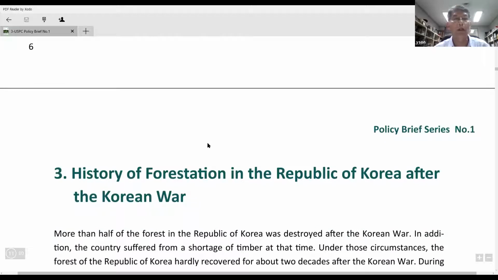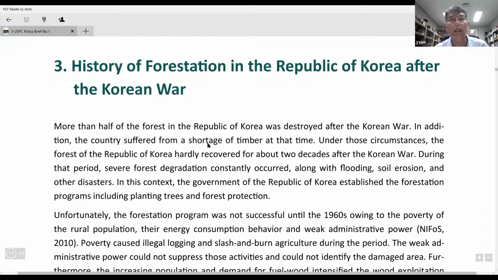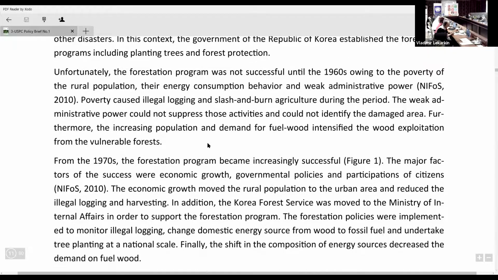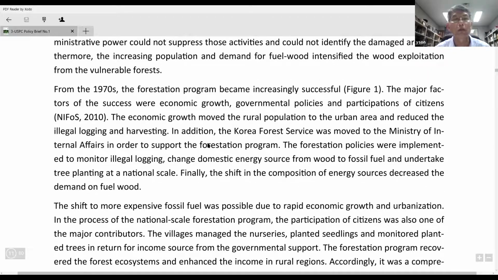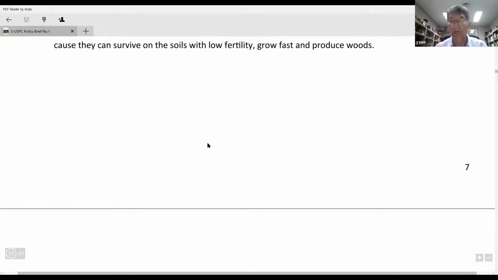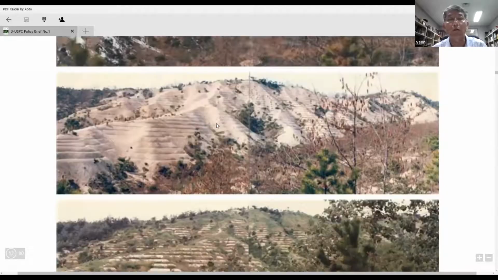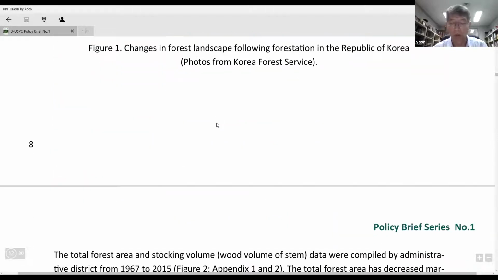And I will skip the main body of the history of reforestation because I explained it in detail in the previous two presentations. Okay, so same photo I showed you.